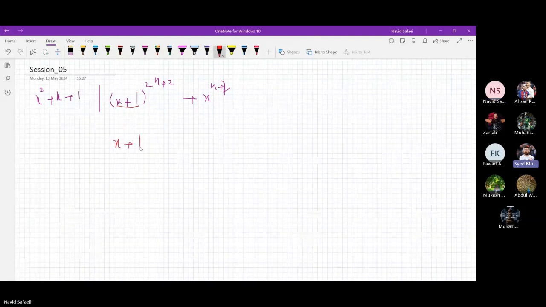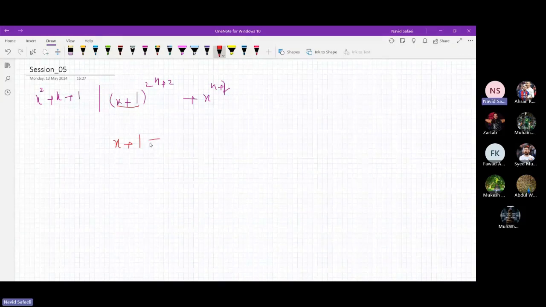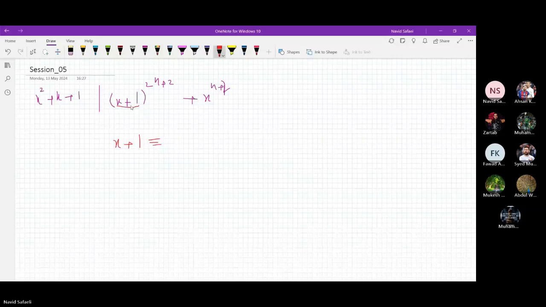Sir, wouldn't it be x plus 1 raised to the power 2n plus 1? Yeah, we can do this, or we can rewrite it in this form: (x plus 1) to the power of 2n plus 1, okay?